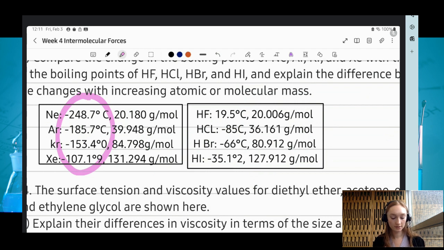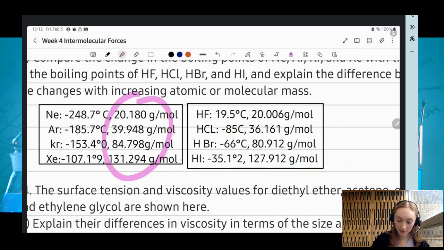The dispersion forces on the left are only what is really happening with the noble gases. But when you look at the noble gases, as they increase in molecular weight, they have a higher boiling point, because there is a connection between higher molar mass and higher boiling point.